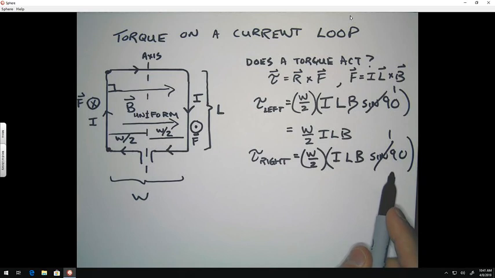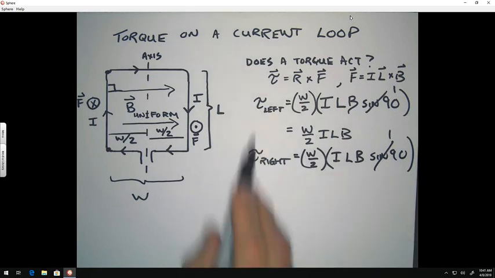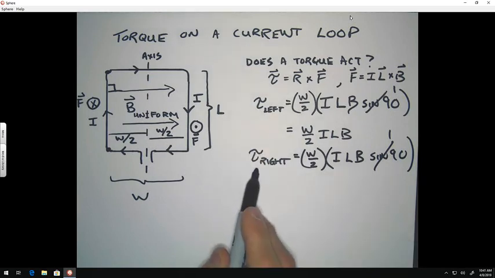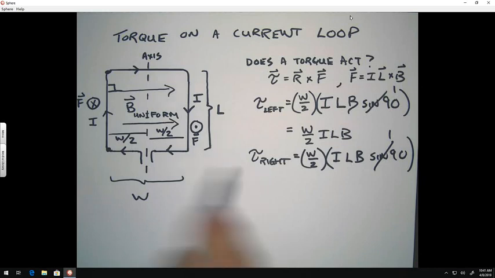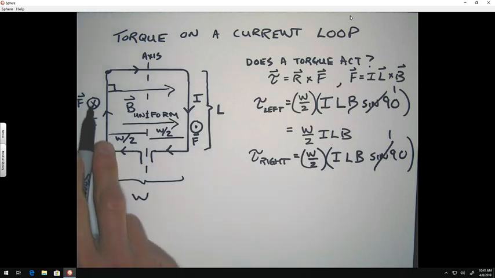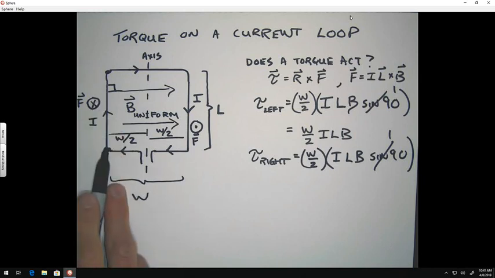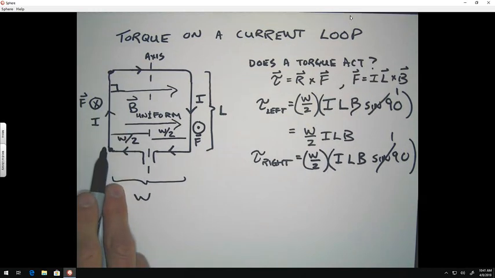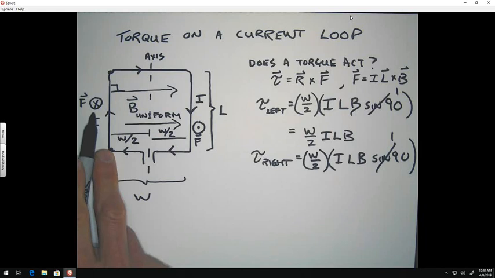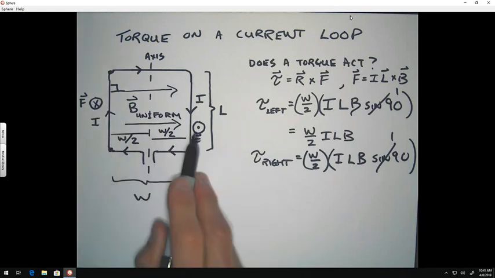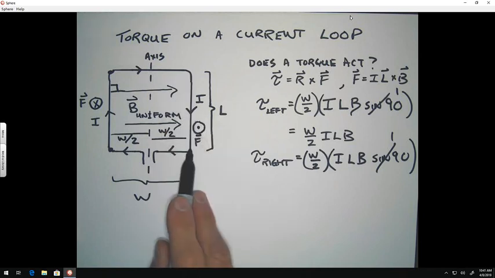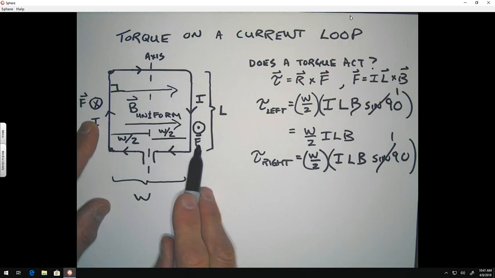Now, something that's important for us to think about is, do these torques act in the same direction? And the answer is they do. So if you can imagine this, a force pushing down on the left side of the loop is going to cause this part of the loop to rotate away from you, correct? So this downwards force, this force into the page, is going to cause this part of the loop to rotate into the page, away from you. This force is going to pull this edge of the loop towards you. And so the effect of both of these torques is that they work in the same direction.